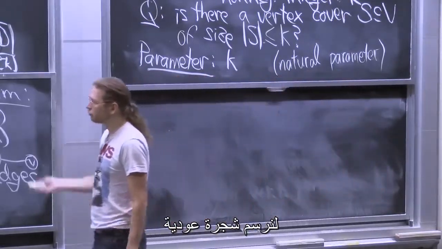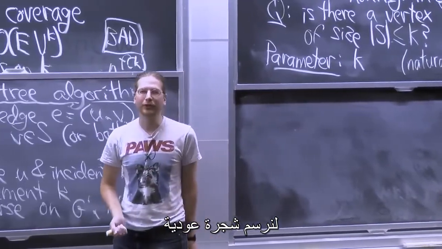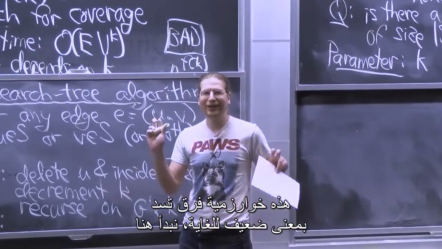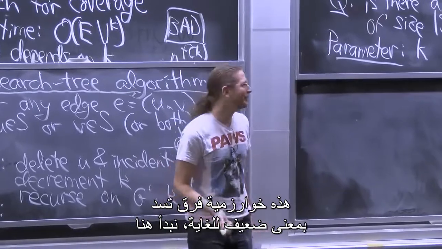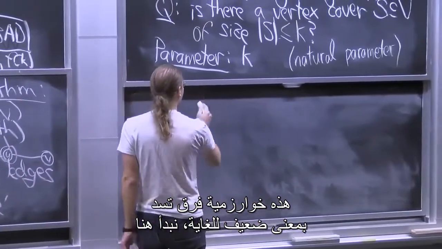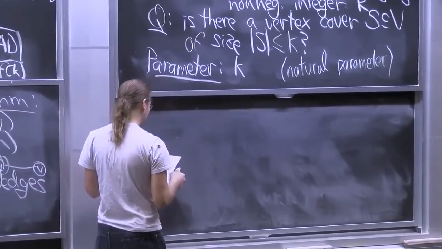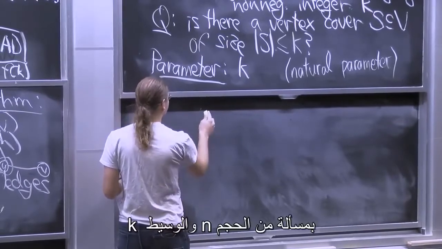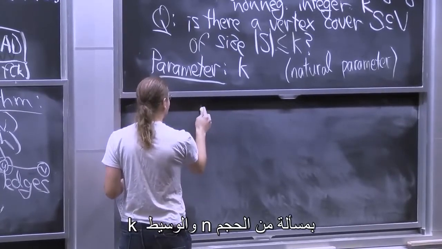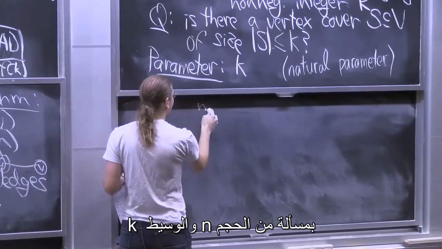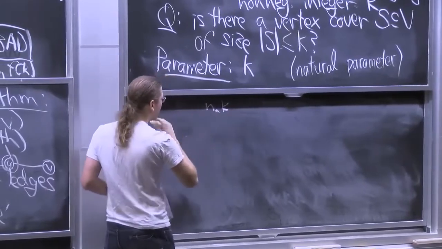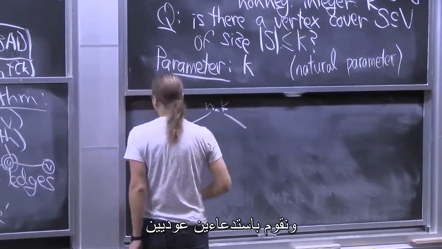So if I draw, let's draw a recursion tree, right? This is a divide and conquer algorithm in a very weak sense. We start up here with a problem of size n and a parameter k, and we make two recursive calls.